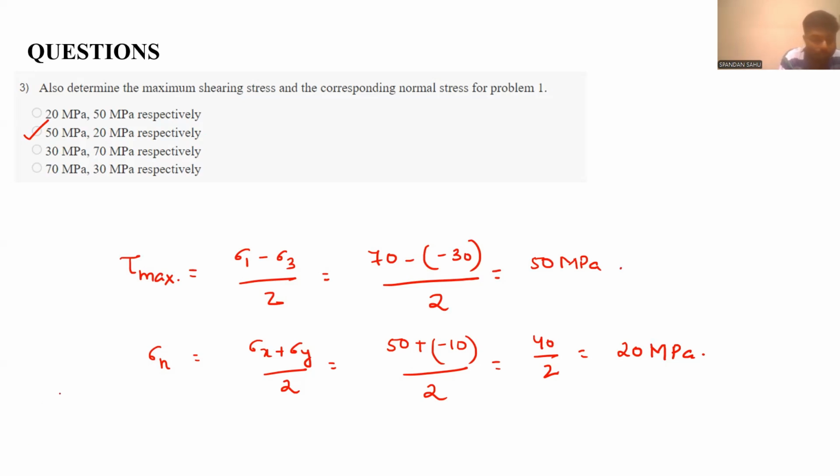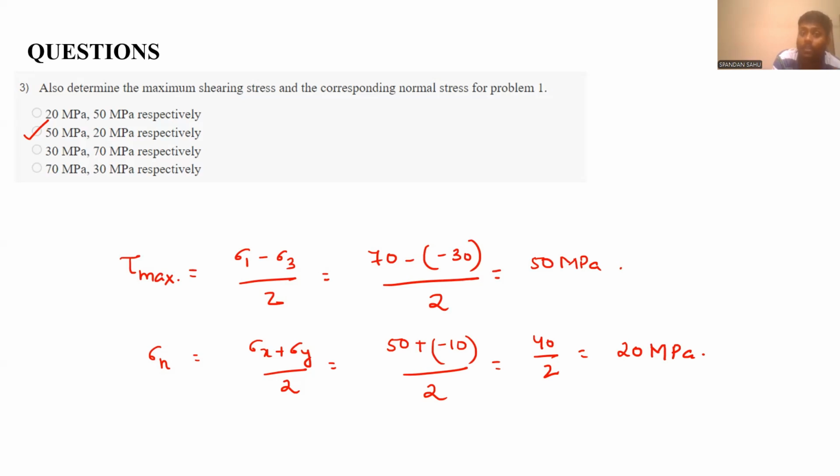So please tell me if you understood the complete question or not. In the first question, they asked us to determine the principal stresses. In the second part, they asked to determine the principal planes corresponding to the two principal stresses we found earlier, that is sigma 1 and sigma 3.